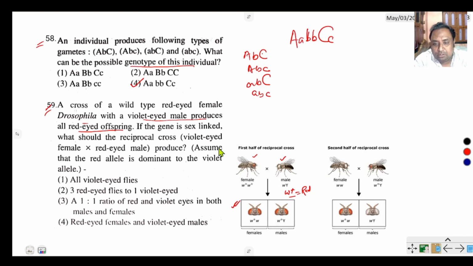Reciprocal cross means the female is violet-eyed and the male is red-eyed. Here W is the recessive violet character, so it produces 50% red-eyed and 50% violet-eyed.